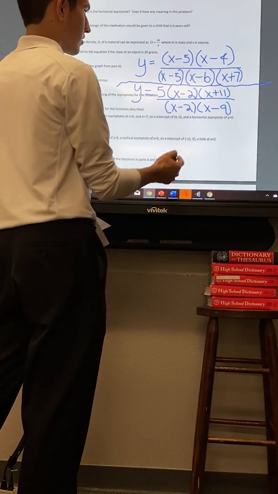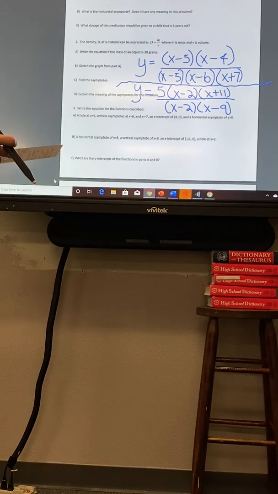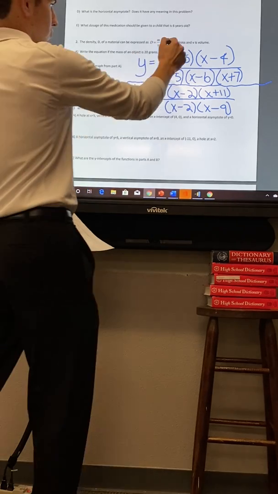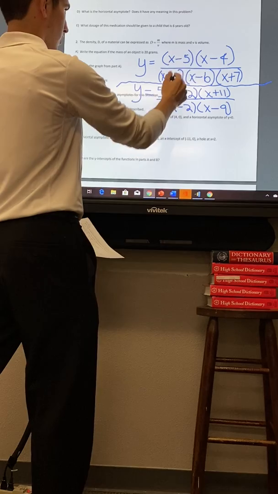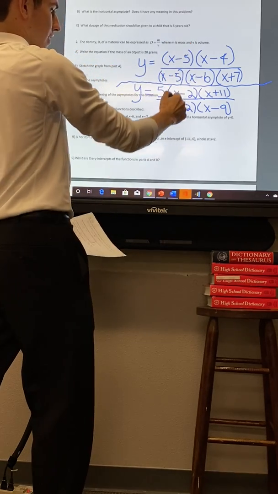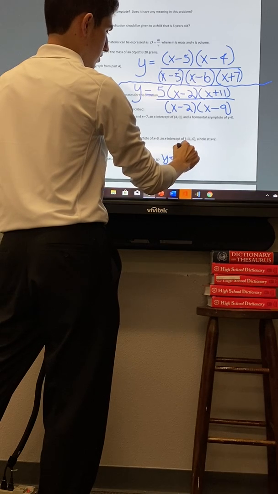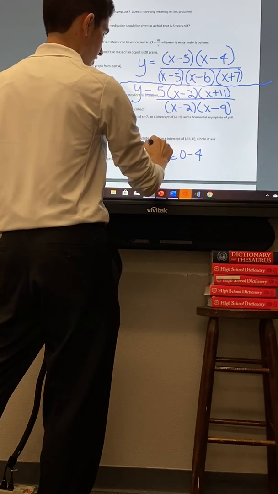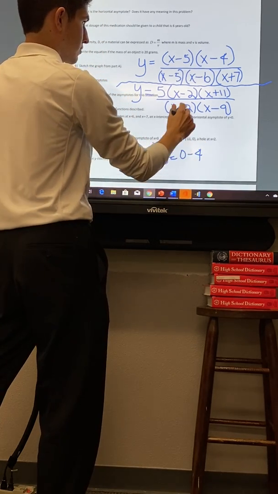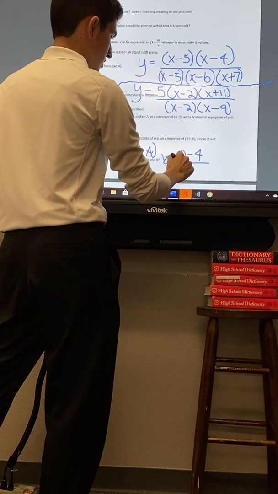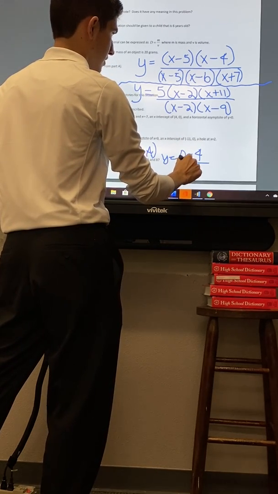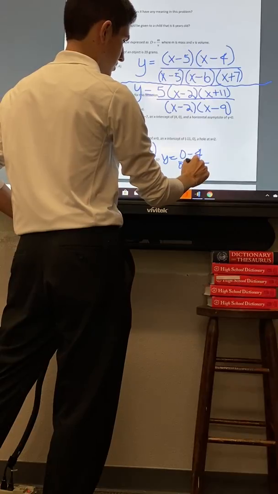For the numerator, the x minus 5 cancels out. So for A, we end up with y equals 0 minus 4 over 0 minus 6 times 0 plus 7.